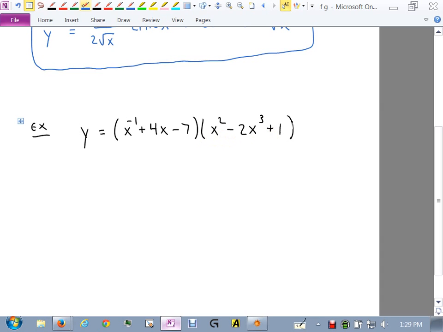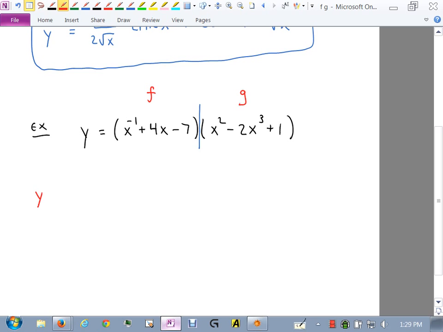So what it does is it creates a product, doesn't it? Now we could expand this all out, multiply it all out and get one big string of things, right? But I'm going to avoid that by using the product rule. I'm going to use the fact that this could be called f and that's g. That fair?